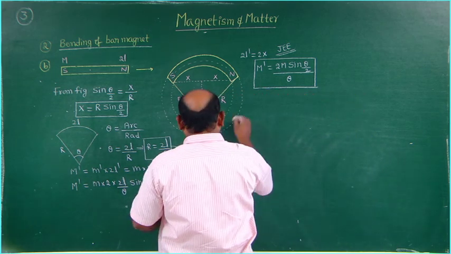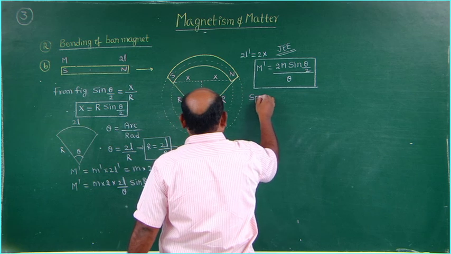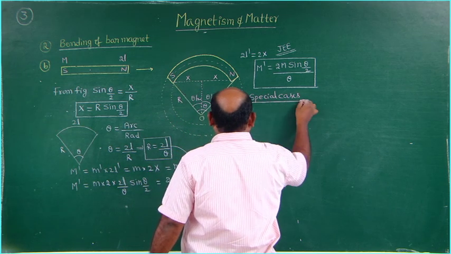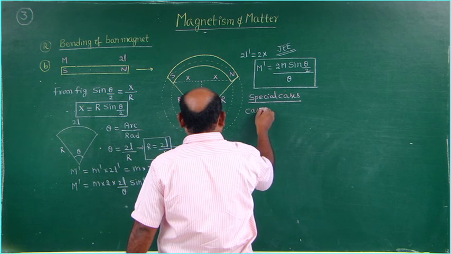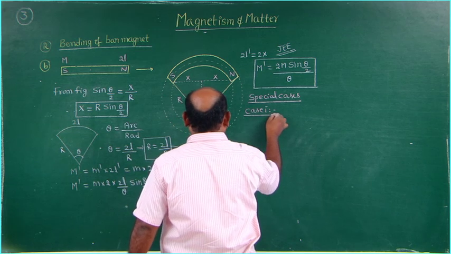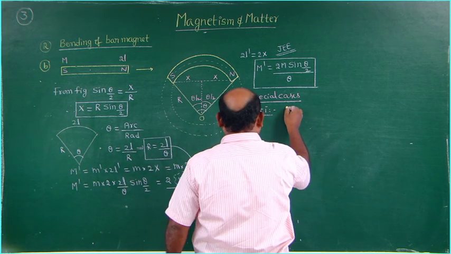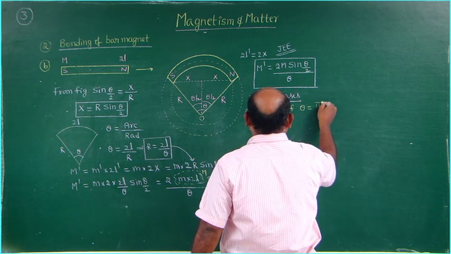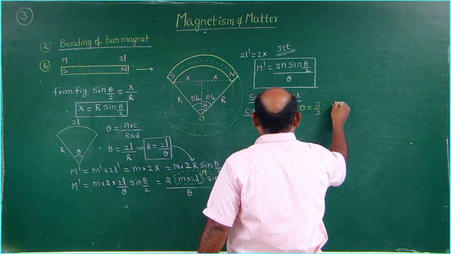Now in continuation, special cases, I will give questions, I hope you can solve them. Case 1: if theta is equal to pi by 3, then what is the new magnetic moment?